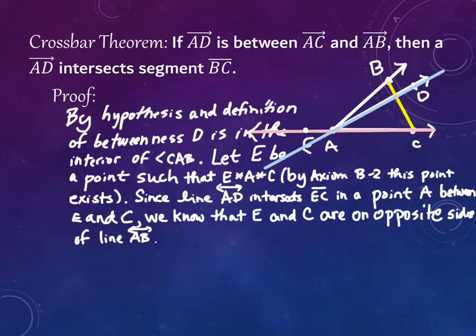Line AD will intersect segment EC at point A, and point A lies between E and C. That means that E and C are on opposite sides of line AB. And we could draw in line AB as well, I suppose. Got lots of lines in my picture at this point. That's probably why I don't have a picture in my notes; it was a mess. Okay, everybody good so far? We've got things on either side of a line.